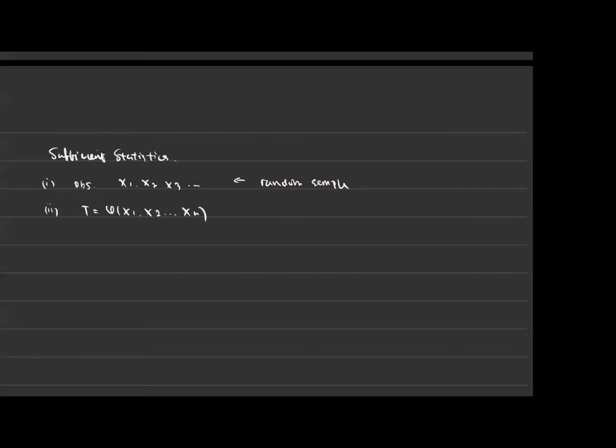Intuitively, you can guess that approach number one is probably better. But it turns out that you can actually pick this function t such that it can carry all of the information from your data, perhaps without observing it. So that's the idea here.